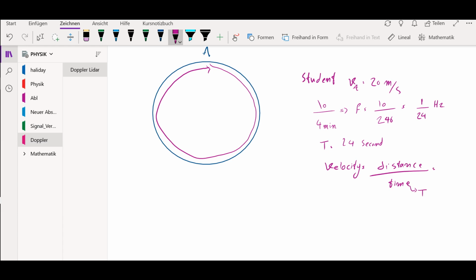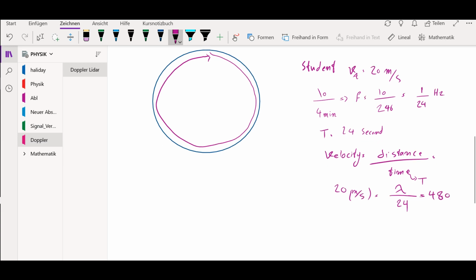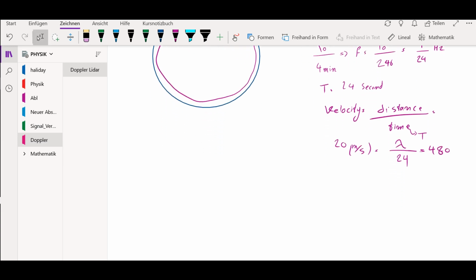It is, let's say, 20 meters per second, my distance, or let's say lambda, divided by 24, so it is 480 meters. Maybe he's a little bit too fast and he made many rounds.